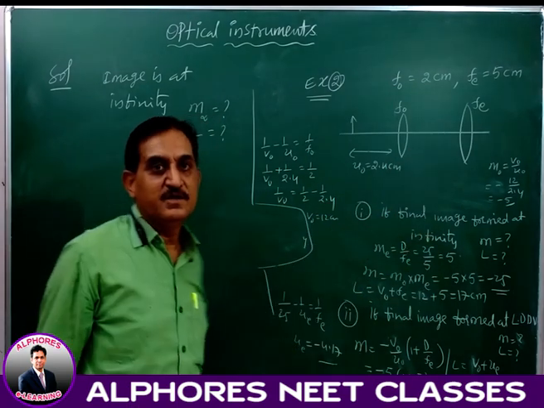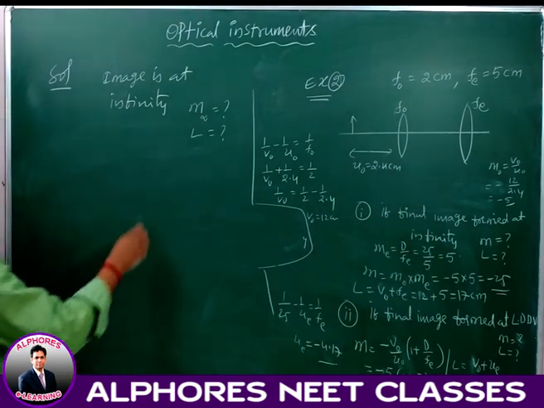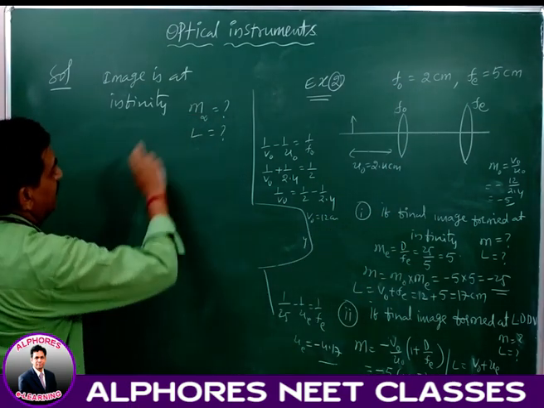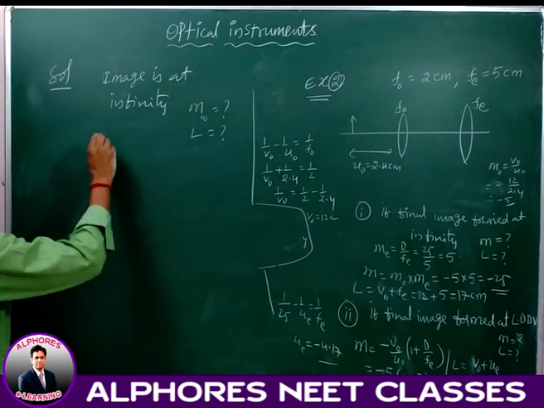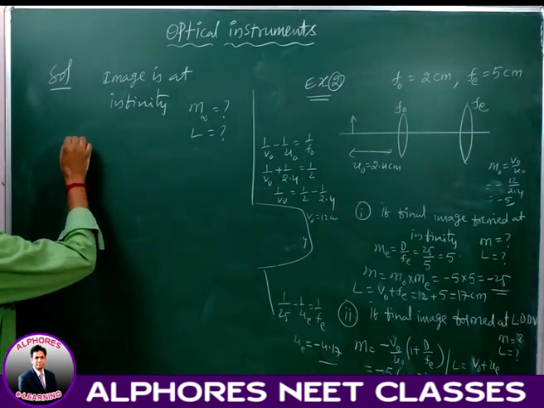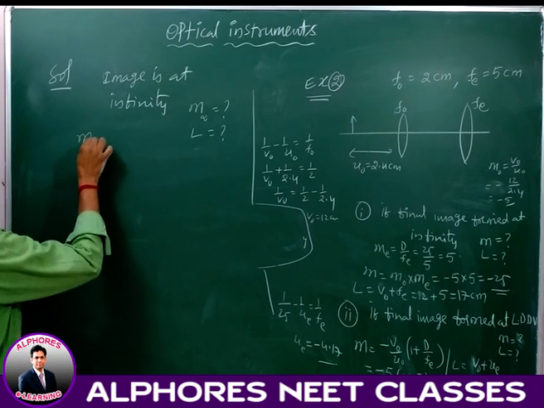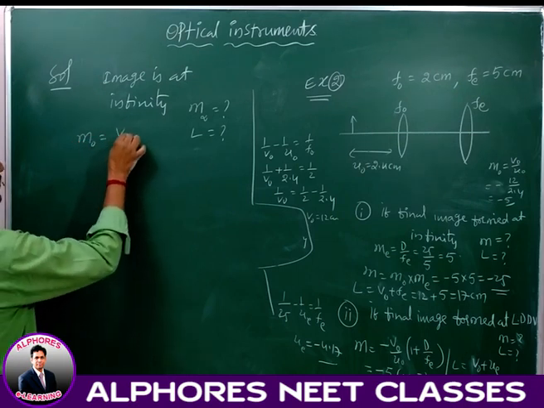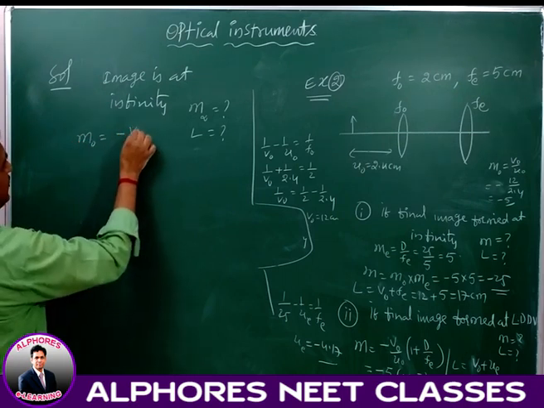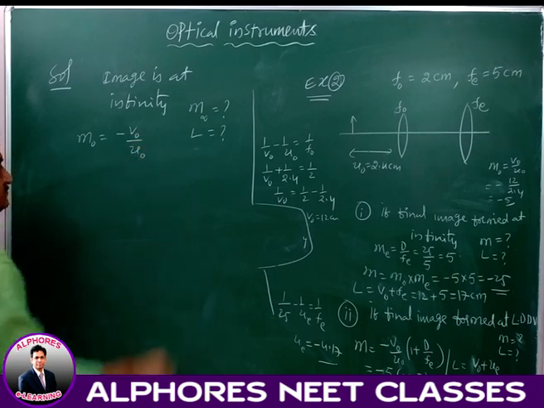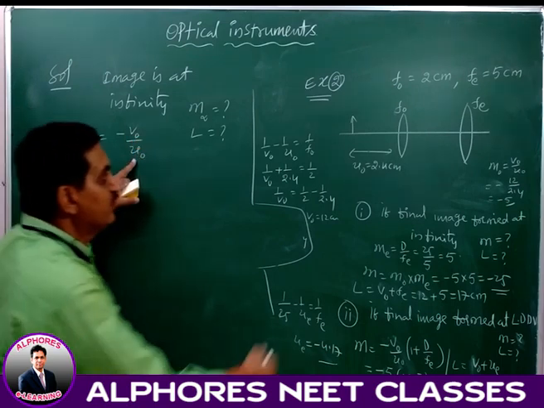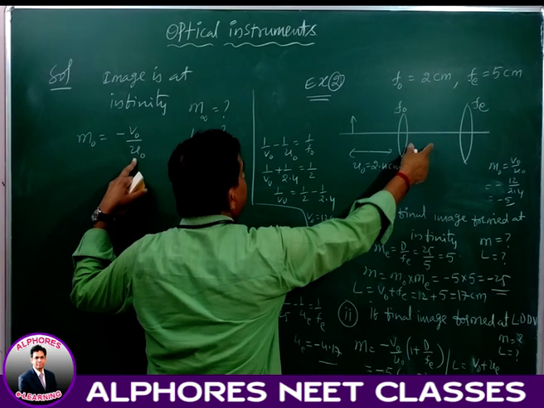It is a compound microscope. In order to find the magnifying power, we should have m0 is equal to minus v0 by u0. Of course u0 is given over here, but v0 we have to find.